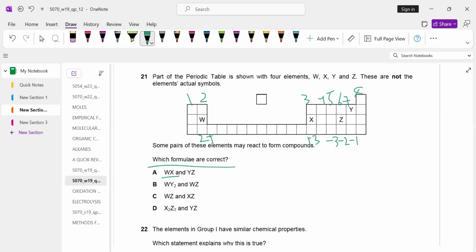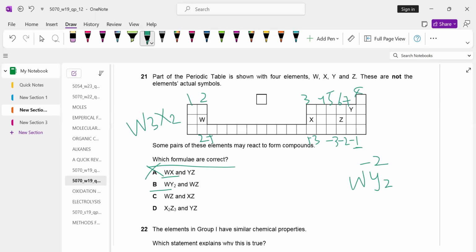WX? No. If W and X made the formula, it would be W3 and X2. Then option A is incorrect. Option B, W and Y2. Y belongs to group 7, charge of -1. So to make it -2, Y would be 2. And W belongs to group 2, +2.